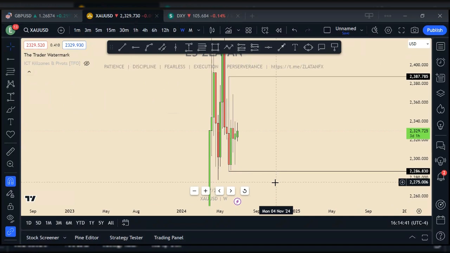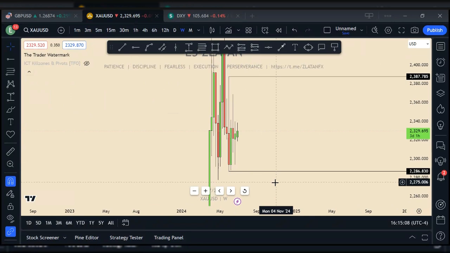When the high of the range is taken, you're looking to attack the low of the range. The 50% of the range is your first TP, and the low of the range is your last TP.